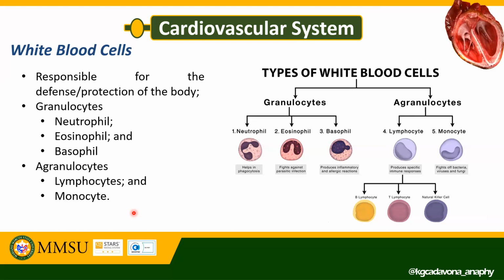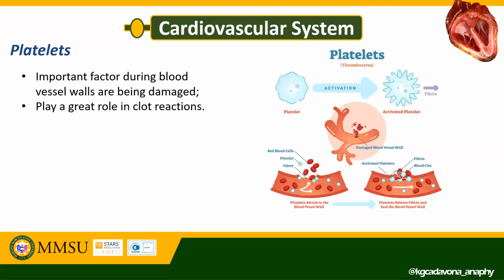Mga toxicity sa katawan ng animal. Then lastly, we have the monocytes, which, as you could observe here, are ovoid or kidney-shaped, no, in size, and accounts for around 3 to 8% lang ng WBC. So those are the white blood cells.